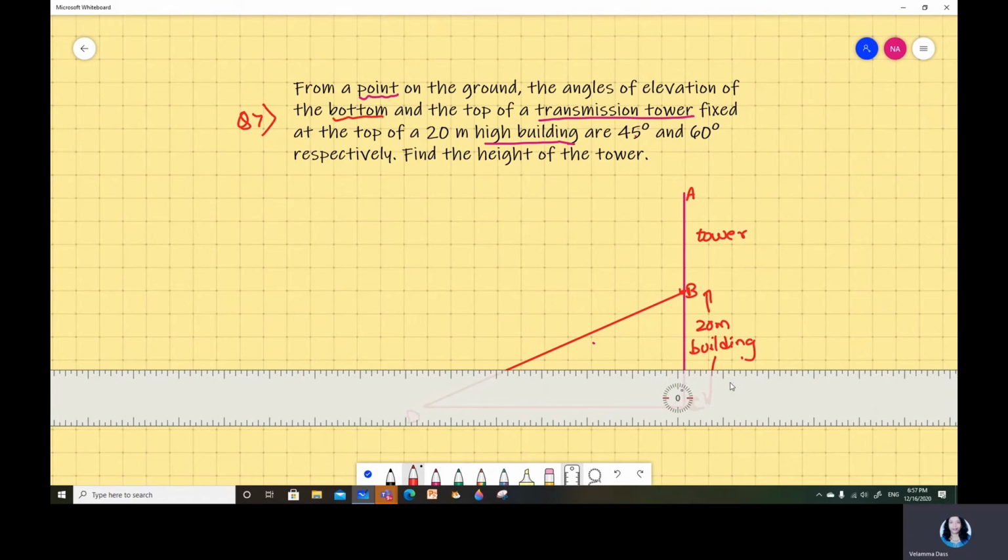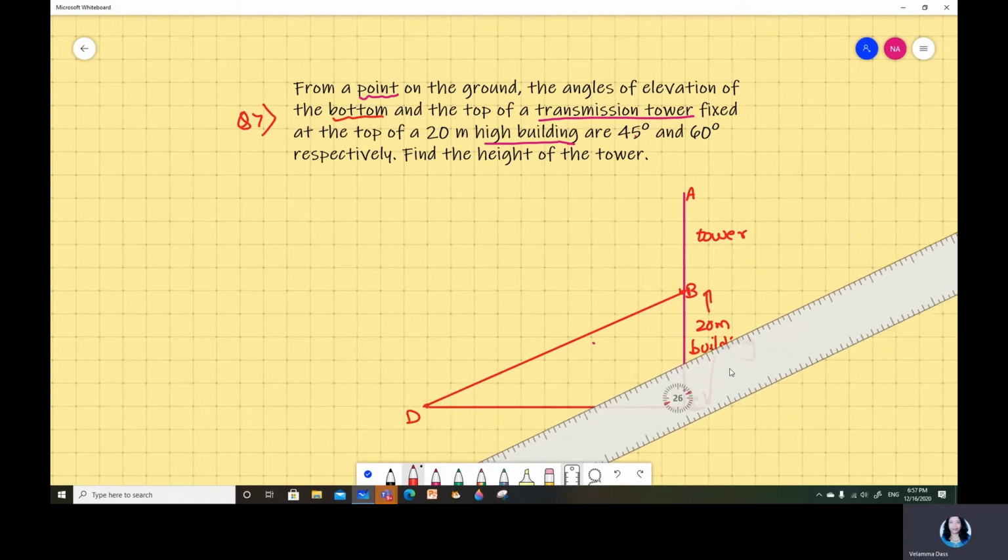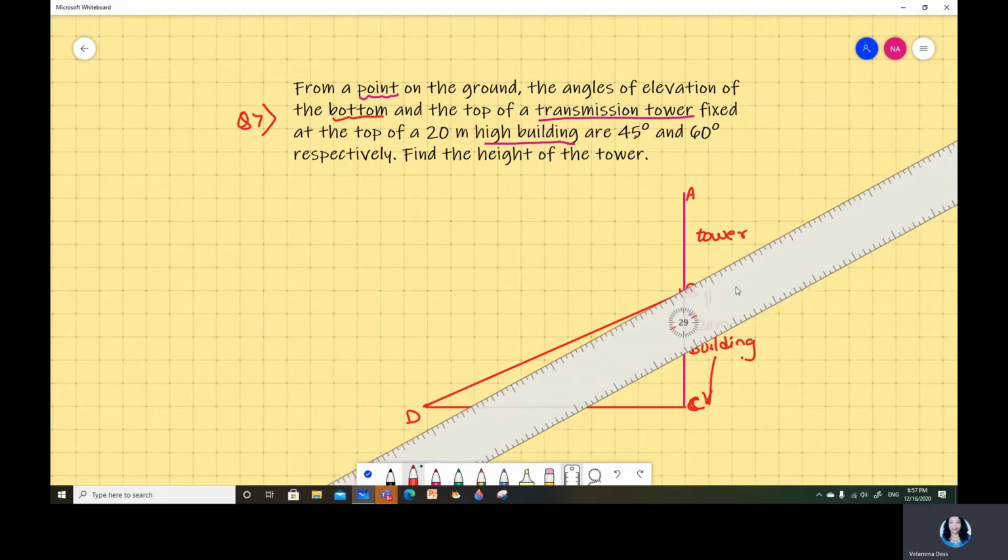This is a horizontal level because the point is on the ground. And now the angle of elevation to the top of the tower, that is from D to A, we will get the line of sight.